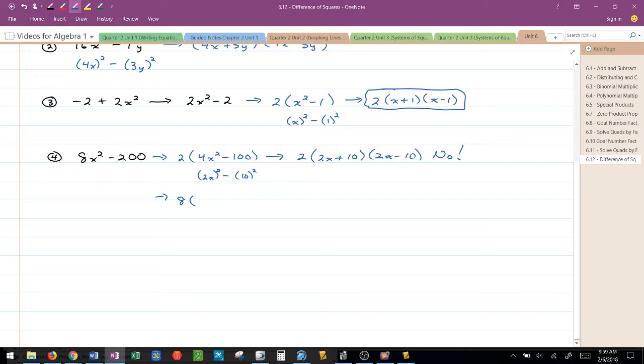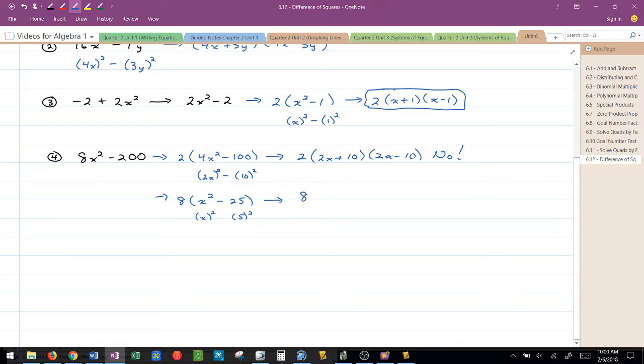All right. Now, if I factor 8 out, let's see what I get. I get x squared, and 8 times 25 gives me 200. Ah, that looks a little better. All right, so now this is a difference of squares, x squared and 5 squared.